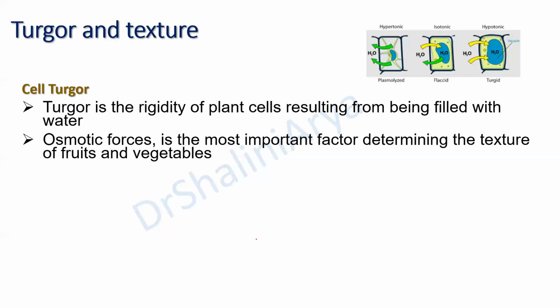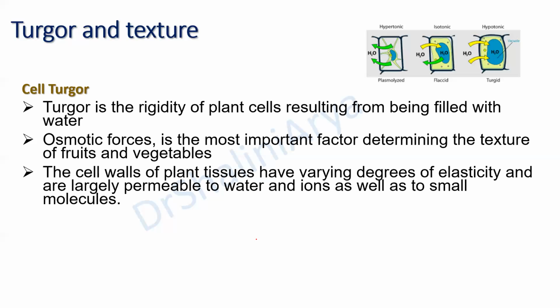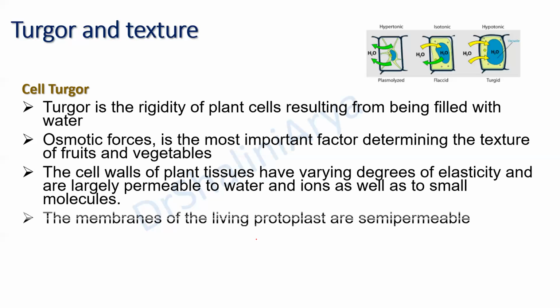The membrane of the living protoplast is semi-permeable, and because of this semi-permeable membrane, it allows the passage of water, but it selectively transfers the other suspended material also. So these cell vacuoles contain most of the water of the plant cells.